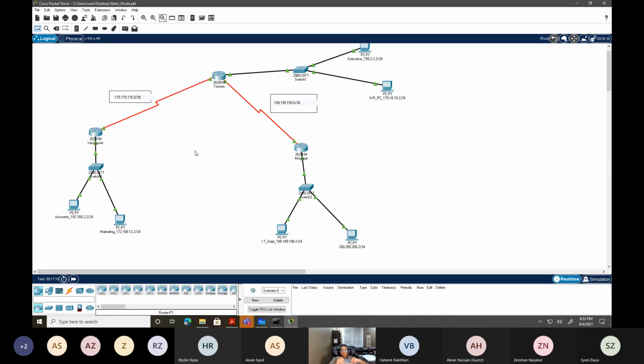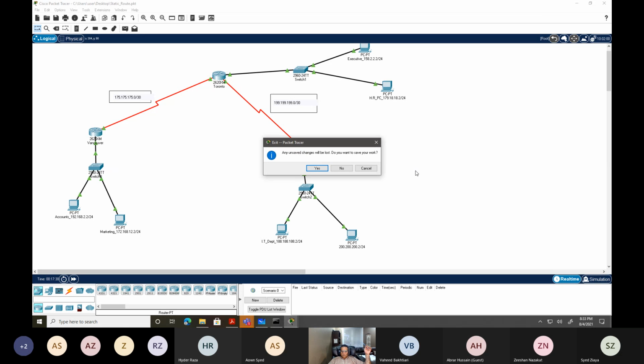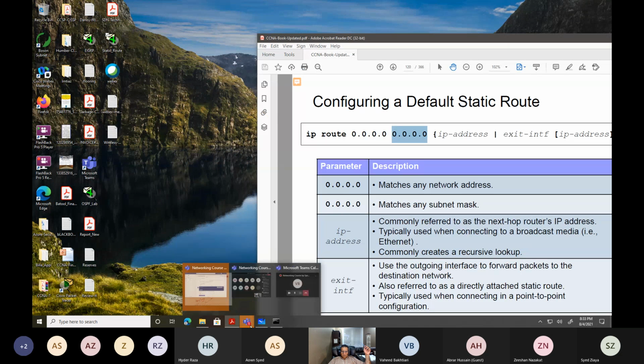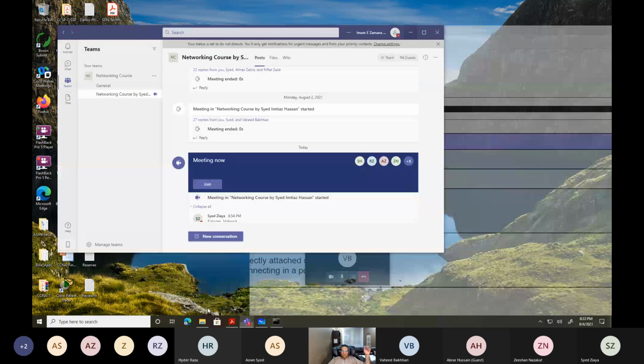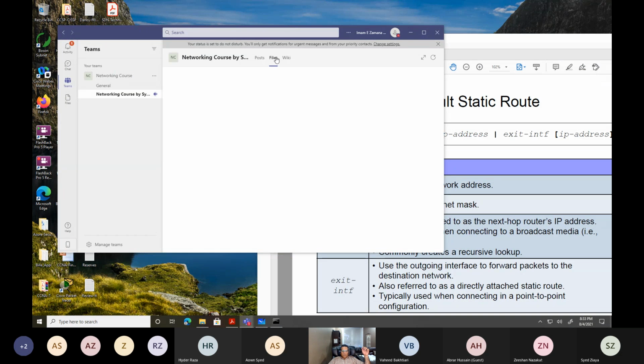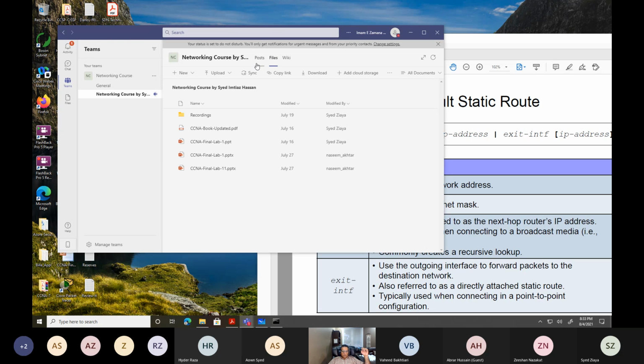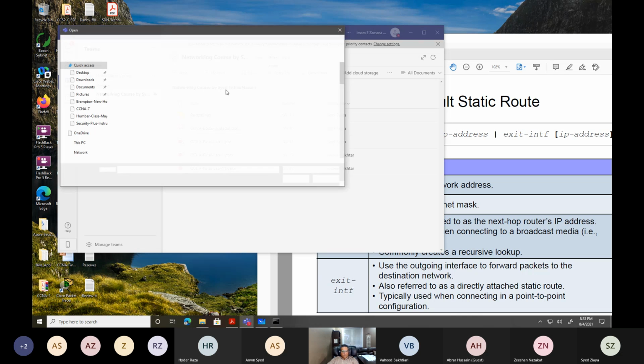Sir, is there any way that you can get a copy of this file? This packet trace file you have on the screen. I'm interested in the configurations. Can I upload this here? Upload files.